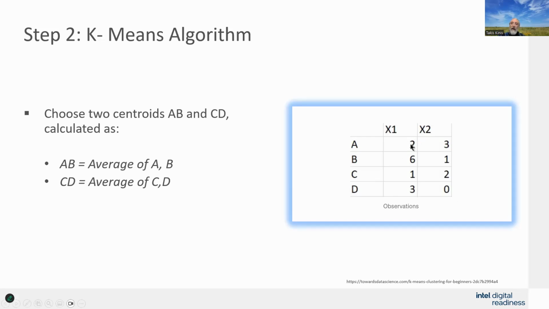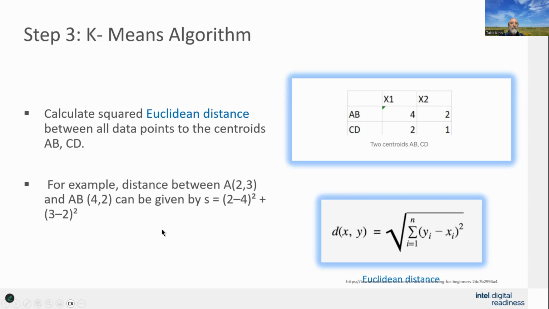So for example, if this is an X and a Y on a graph, and this is an X and a Y on a graph, we can find the average or the middle point between those 2 points on a graph. Like if I did it visually, you totally see it. I just put a dot on the screen, another dot on the screen, and go, hey, the middle's right here, right? But you can do that mathematically too, right? And that's what the distance formula is all about, right? So A and B is the average of AB, and CD is the average of C and D, or basically the middle point of them.